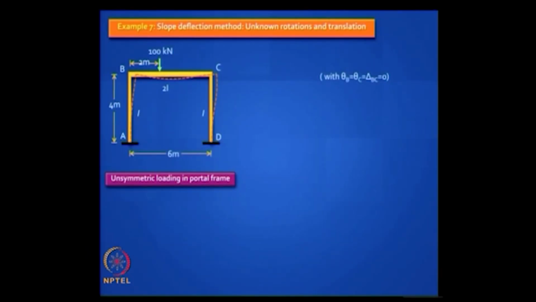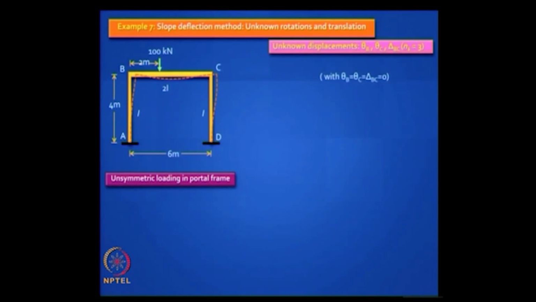Let us take this example, okay. This example where you have a portal frame with an asymmetric, unsymmetric load, right. First identify what are your unknown displacements, theta B, theta C, and you can call it just delta, or you can call it delta BC, because every point in that beam is going to translate by the same delta.